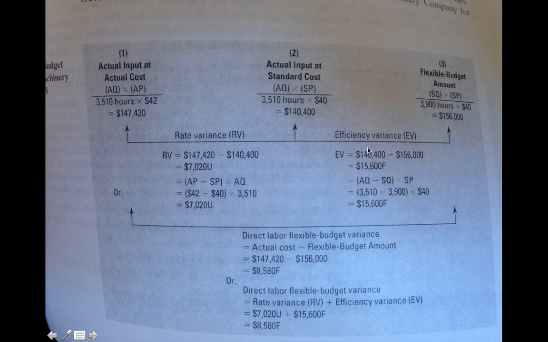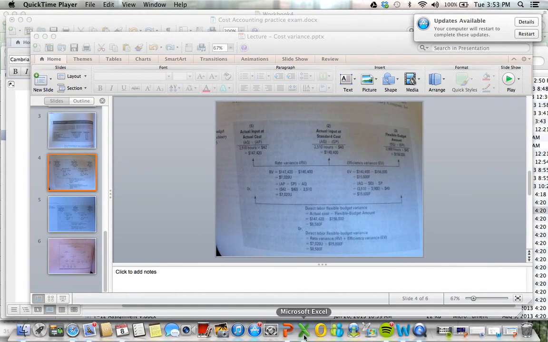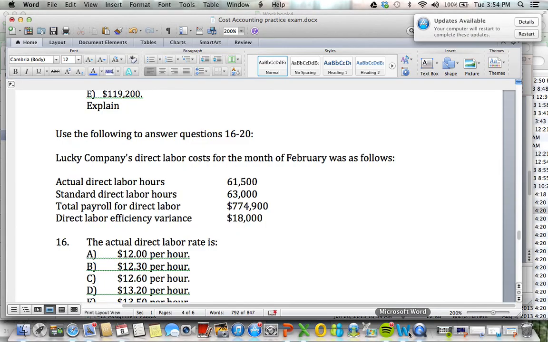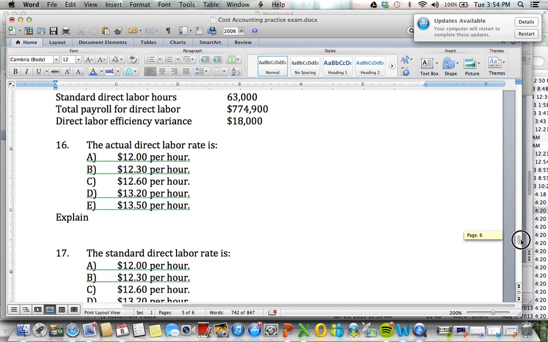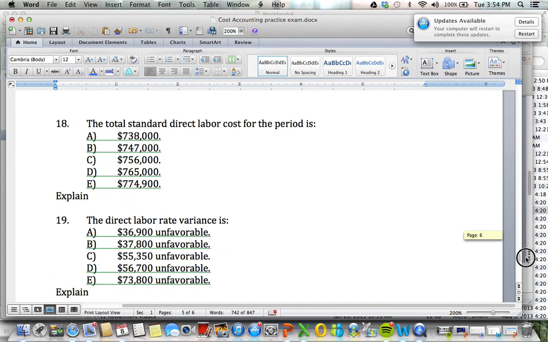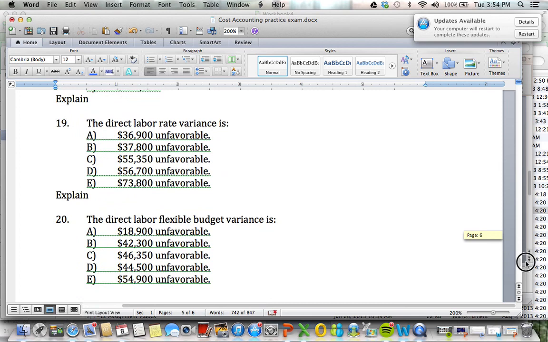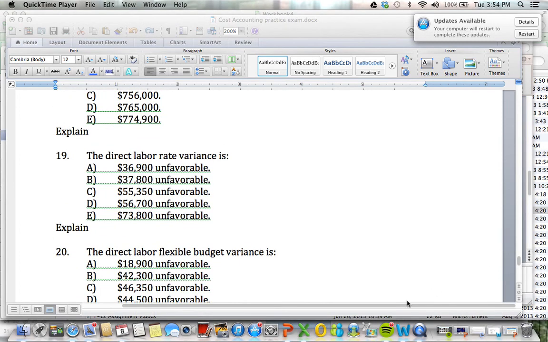I want you guys to know what is the efficiency variance, what is the rate variance. For example, here they're asking in one of the questions, I noticed, the actual direct labor, standard direct labor rate, and they're asking the direct labor rate variance and direct labor flexible budget variance.